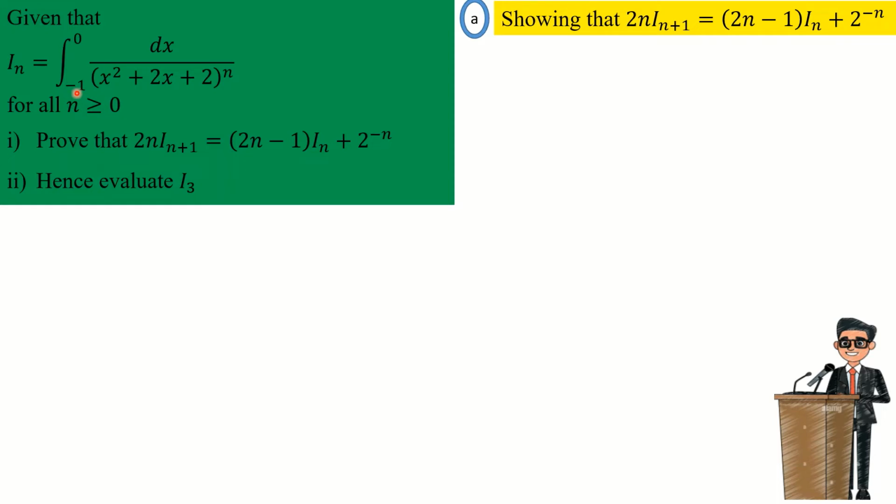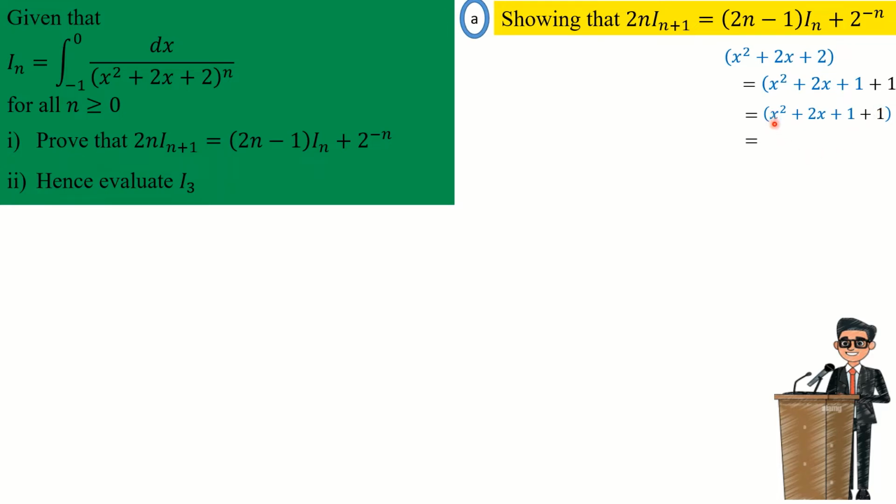Okay, so let me show you guys a trick that I used to solve this problem. I identify my denominator as x squared plus 2x plus 1 plus 1. Why? Because x squared plus 2x plus 1 is a perfect square, since this 2 can be written as 1 plus 1.